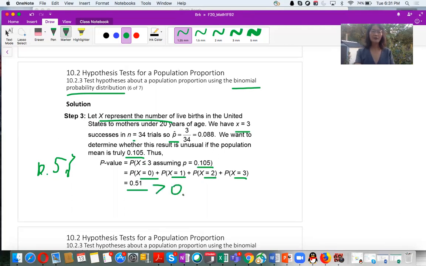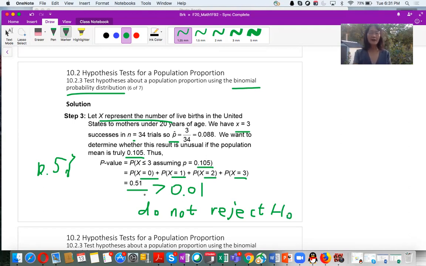Alpha is 0.01. Obviously, this p-value is greater than alpha. When the p-value is greater than alpha, do not reject H0.